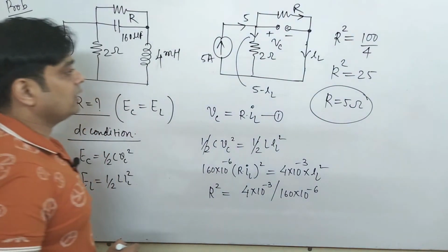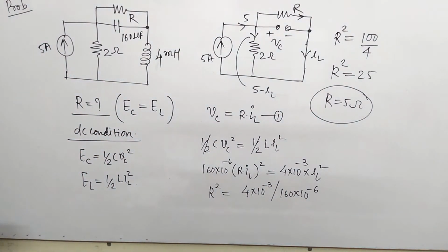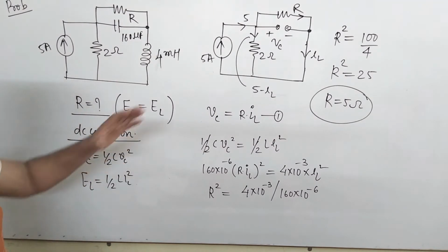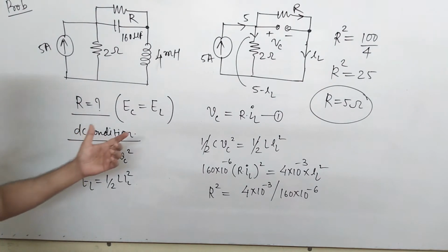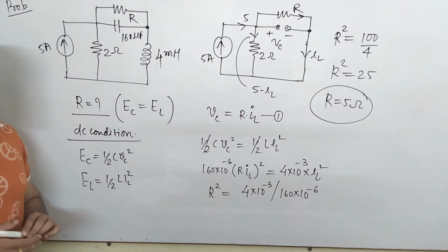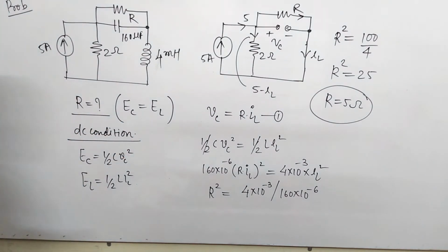So this is the value of R. And once you know the value of R, you can find whatever is required here. In this question, since we have to find only the value of R, in this way we have found the value of R in the condition when EC is equal to EL under DC condition. So this is one type of problem.